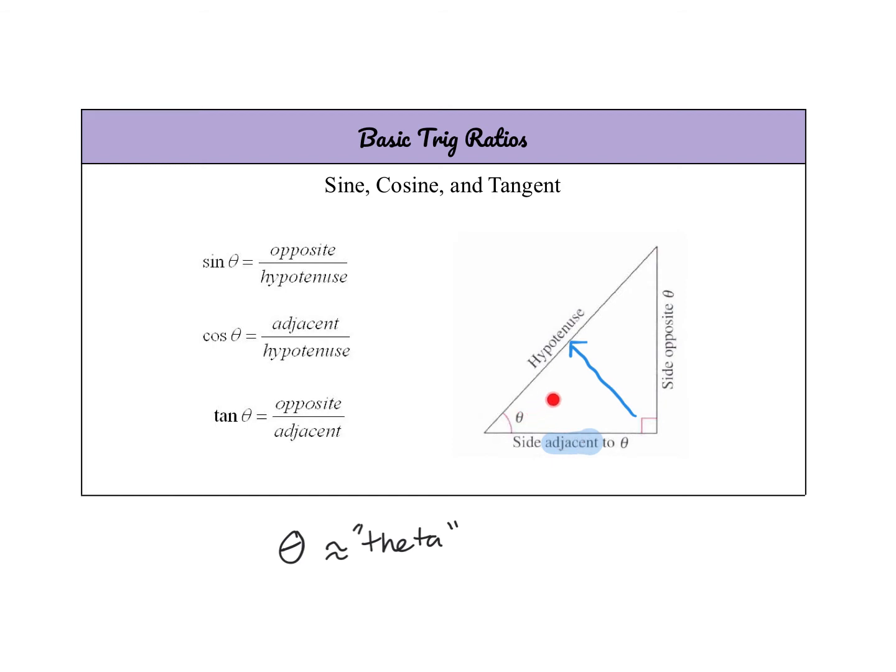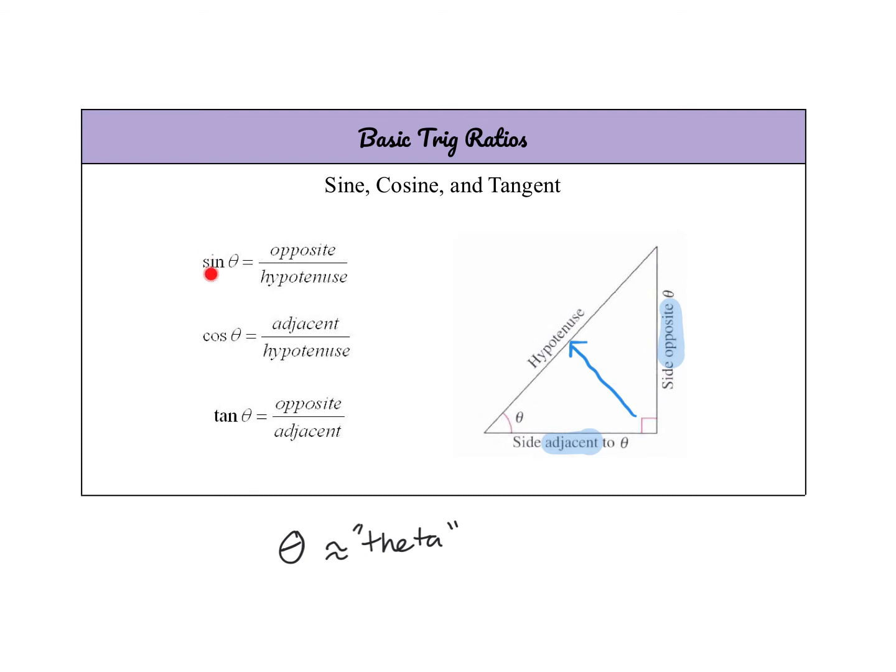And then the side that is across from the angle, we call the opposite side. So it does matter which angle we're working with, because if we were working with this angle up here, this would be the adjacent side and this would be the opposite side. So you just need to be careful that you know where you're starting so you can name the sides accordingly.